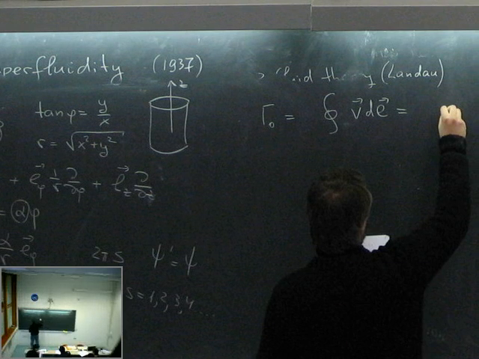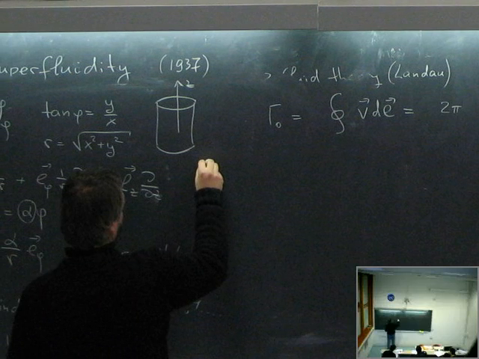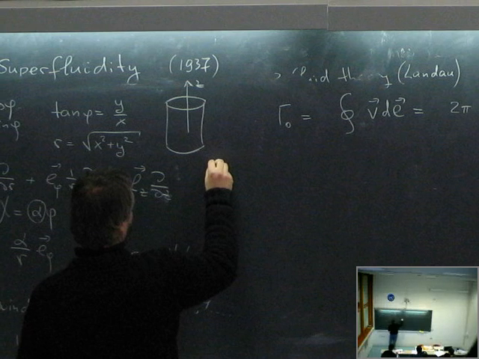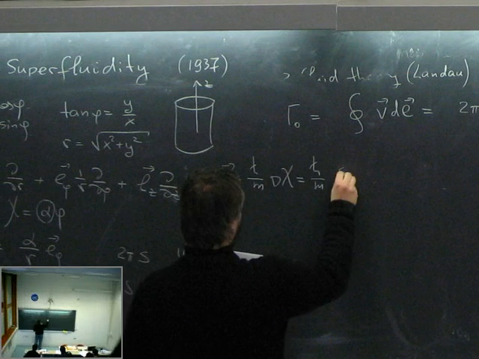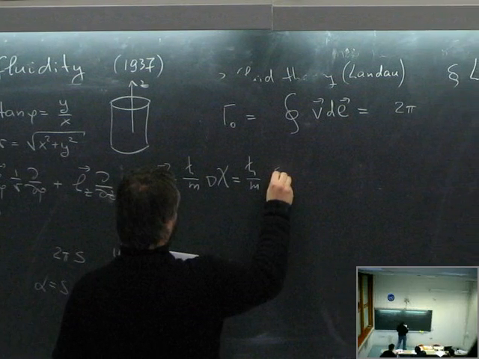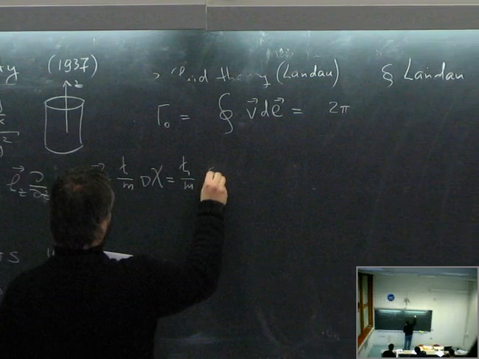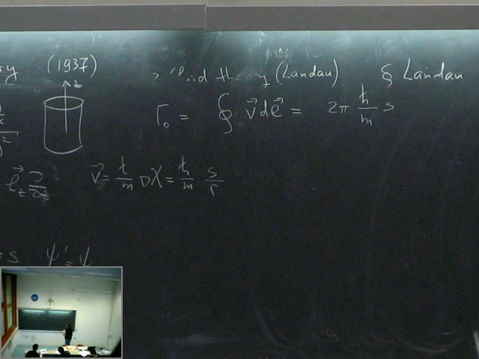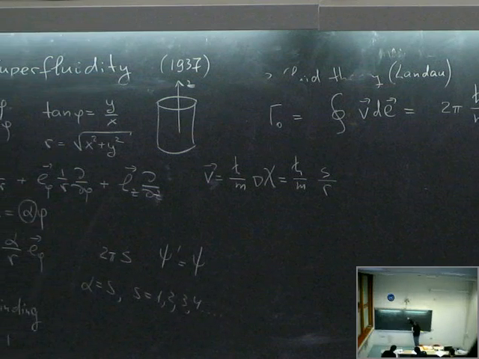You remember that v is h over m gradient chi, so this is h over m s over r. So this is 2 pi h over m s, and that's it. So this is a circulation. I should multiply it by 2 pi r, and then r is cancelled, so I have this one.